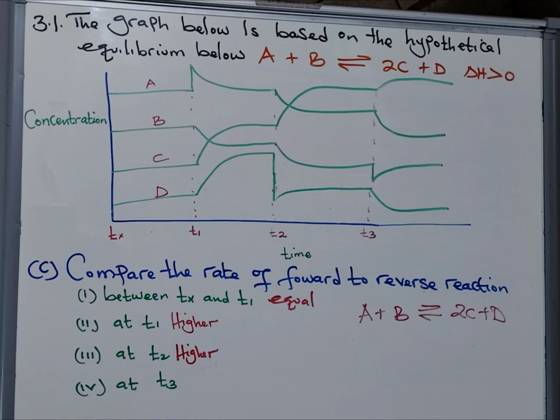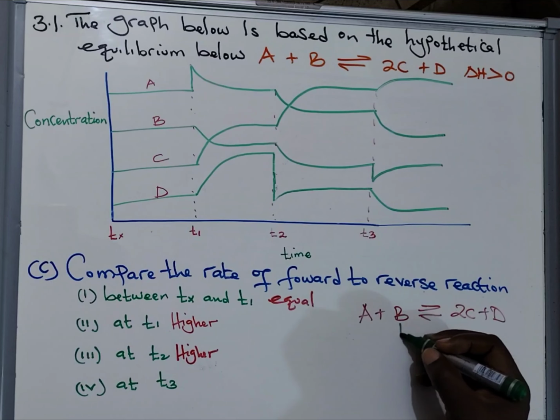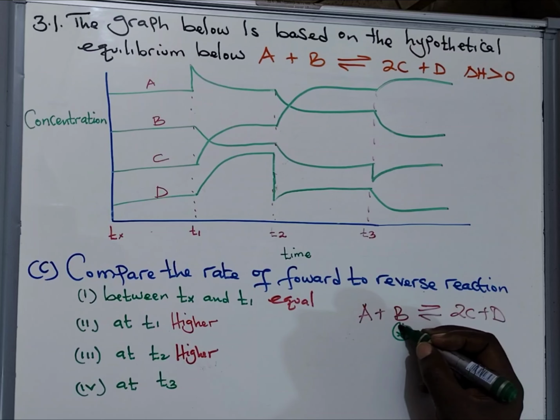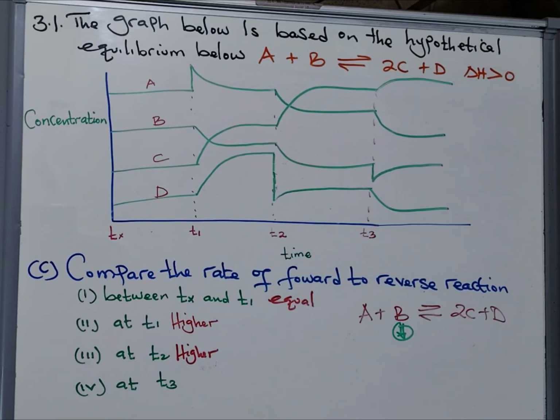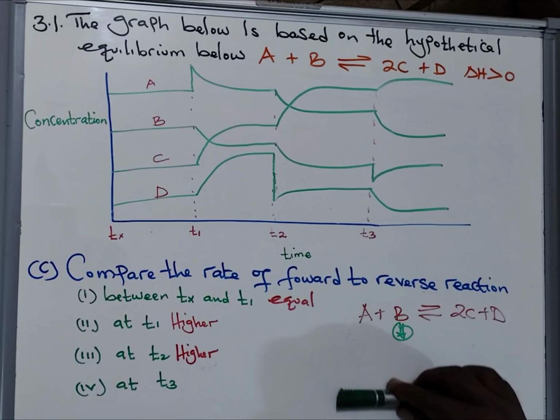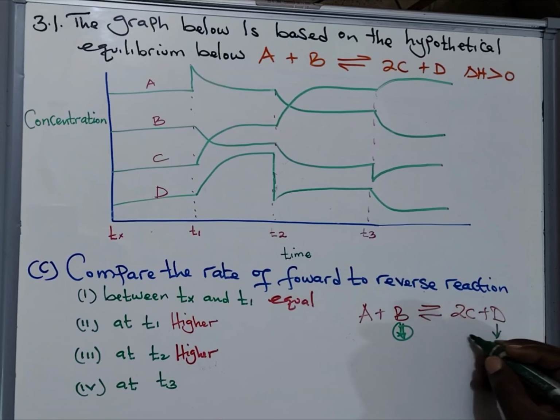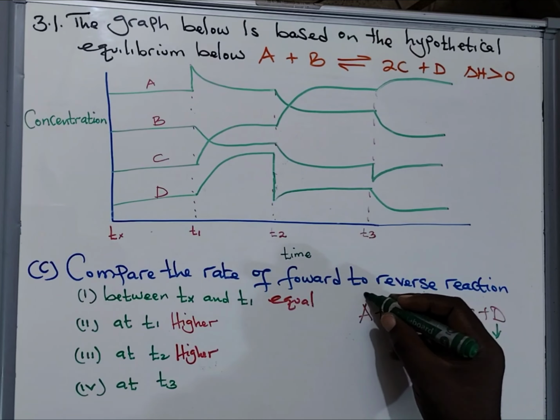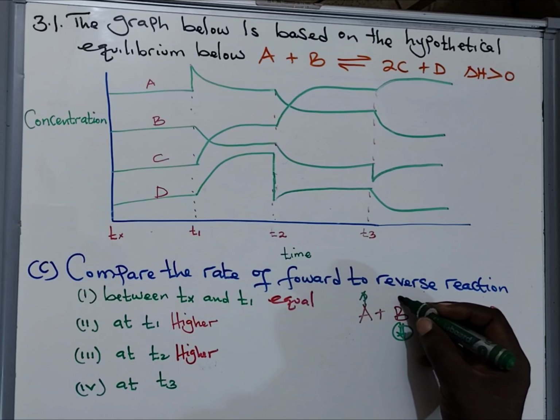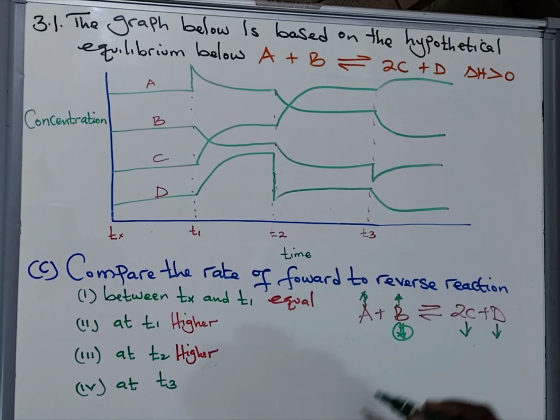At T3, what happened? Concentration of B reduced. So this is reduced. And you have to know that according to Le Chatelier, whatever happens here is opposed. So if you withdraw B, the system forms it. Forming it implies that D has to react with C to form A, and also probably restore a bit of that one.